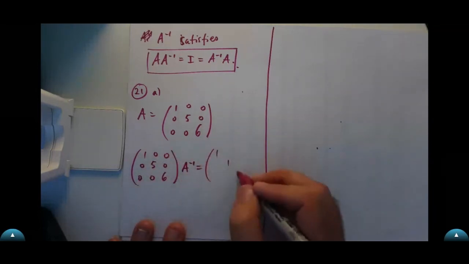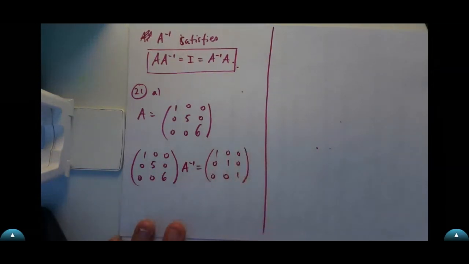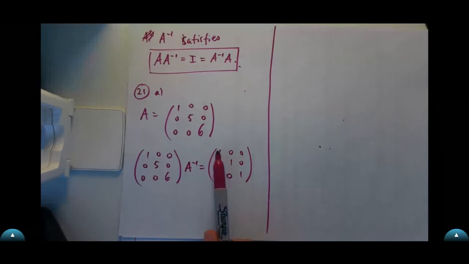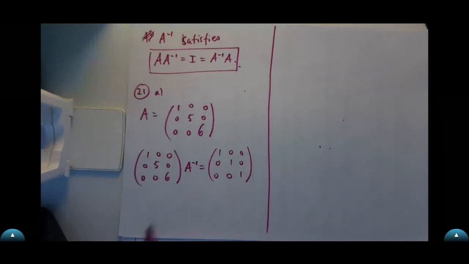Now remember, the identity matrix is just the main diagonal is 1 and all the other entries are 0. So we're looking for a 3 by 3 matrix such that when you multiply by this, you get this.